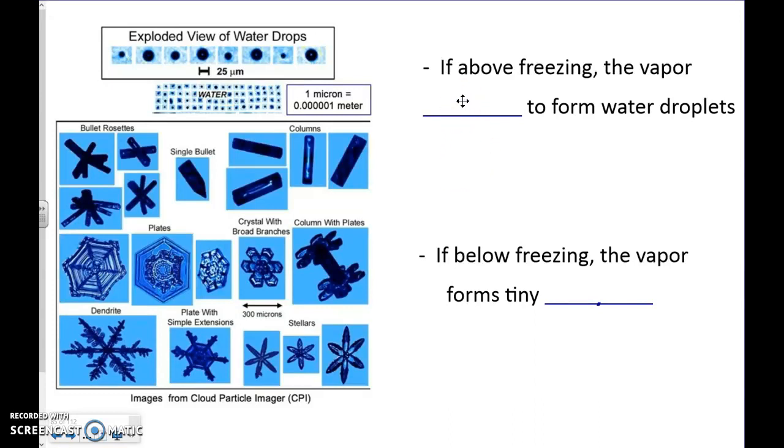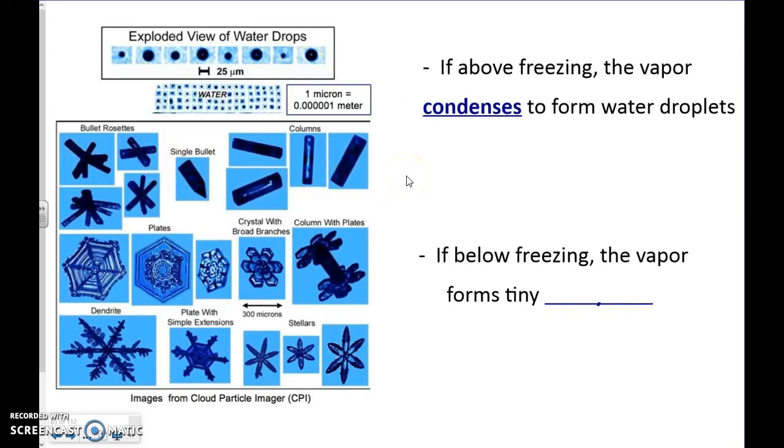Now, if it's low enough in the atmosphere, it could be above freezing temperatures, and at that time the vapor just condenses to form water droplets. You see some pictures of them up here, okay? But actually, usually, because it is cooler, most of our rain actually starts out as ice pellets, like these first ones here.